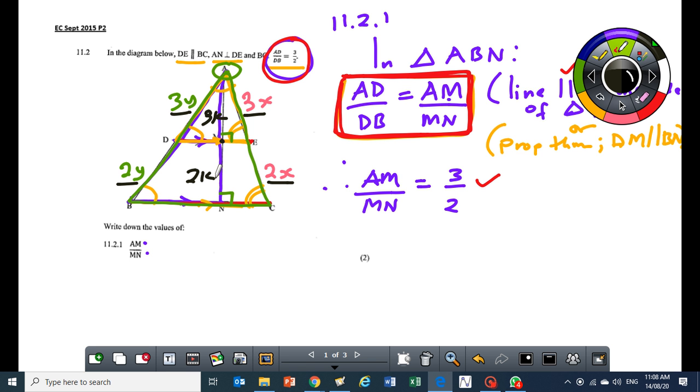So if you want to find the area of ADE, it's going to be half base times height. Our base is going to be DE and our height is going to be AM. For triangle ABC, our height is going to be 5K and our base is going to be BC.